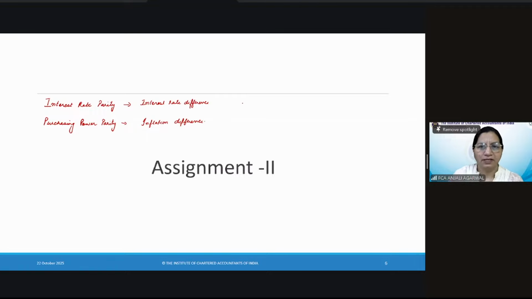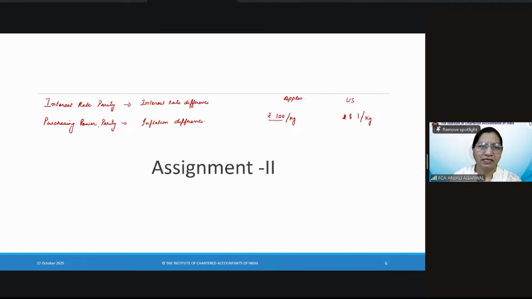So let's take an example. Let's say a particular commodity, let's take apples for example. Now let's say apples are selling in India at rupee 100 per kg, and the same apples are selling in US at, let's say, dollar 1 per kg.